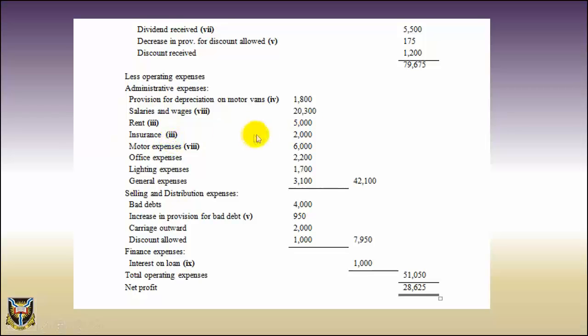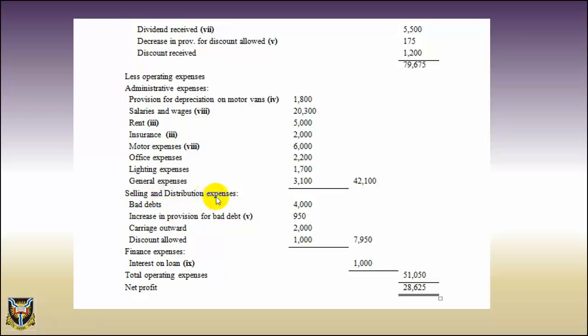Insurance, 3, 2,000. Motor expenses, 8, 6,000. Office expenses, 2,200. Lighting expenses, 1,700. General expenses, 3,100. Total 42,100.